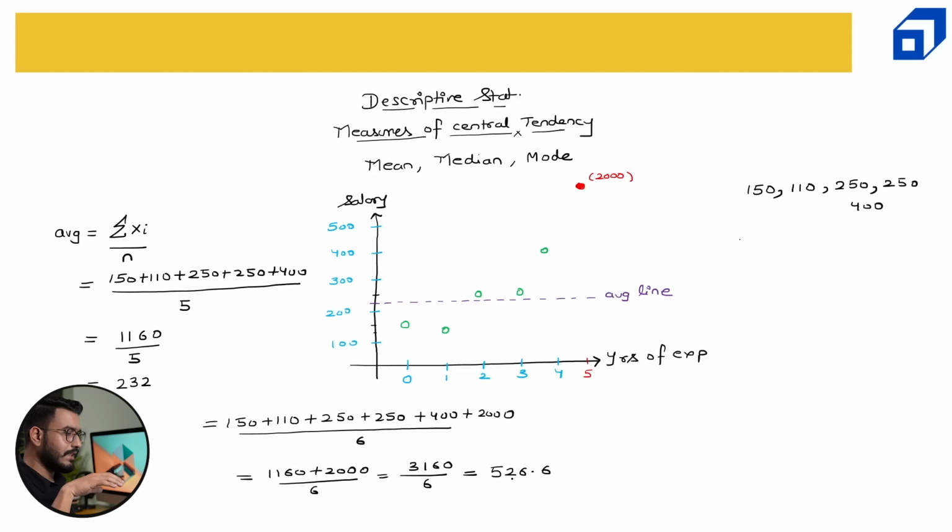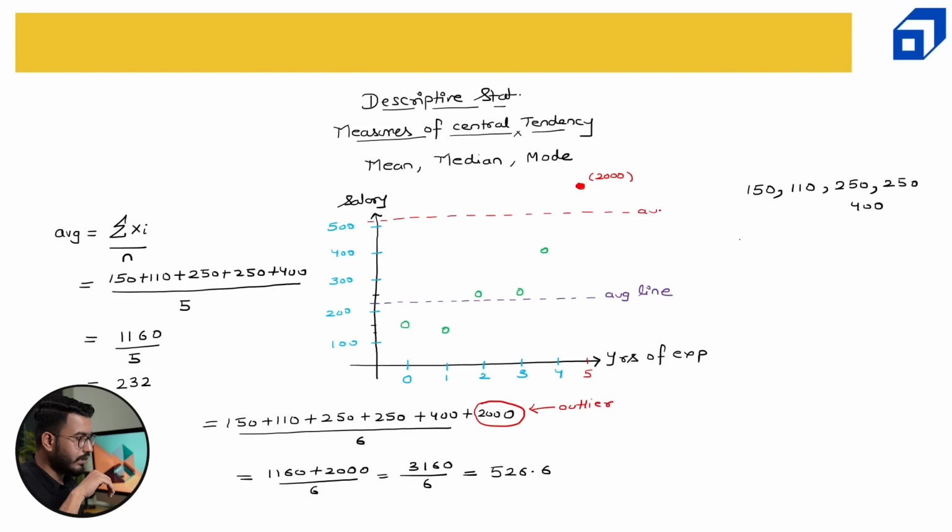Now here you can see that just because of this particular number, which we call as outlier, your average salary has been shifted to somewhere over here. And this is not the center point.